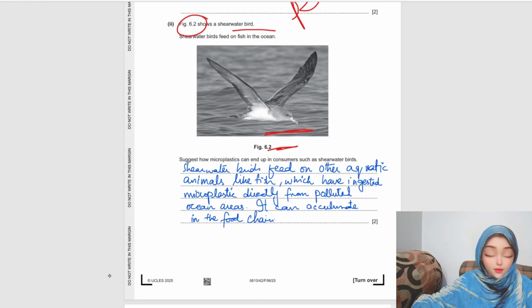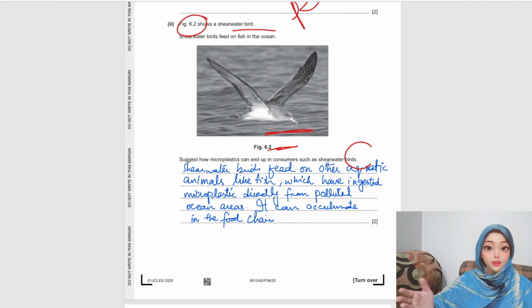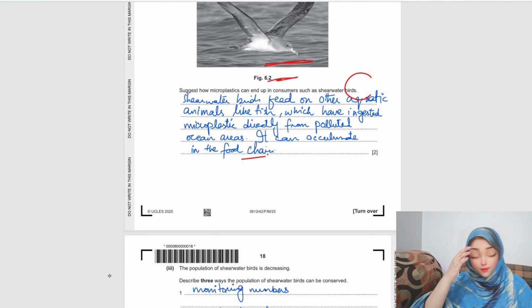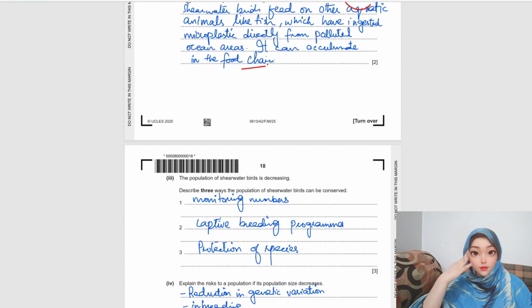Shearwater birds are basically aquatic animals that feed on fish, so they ingest the microplastic directly from the polluted ocean areas. So it can also pollute the food chain. Okay. Now let's move on to the next.